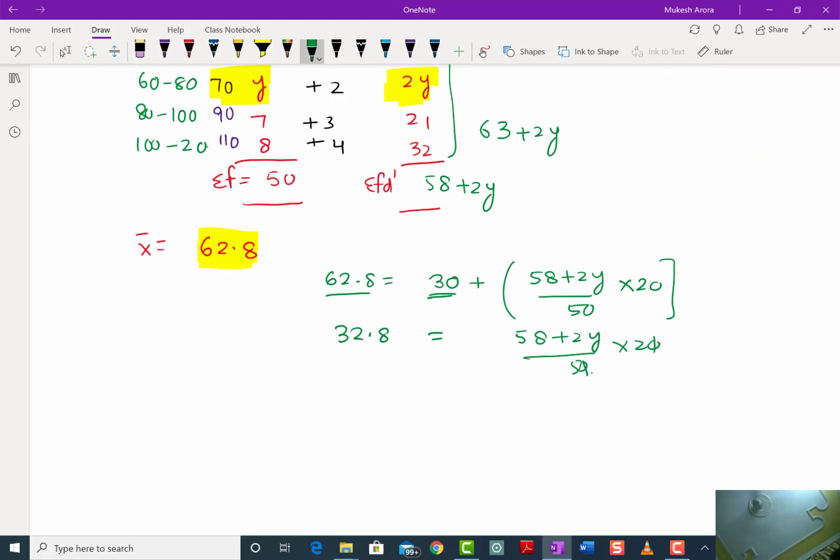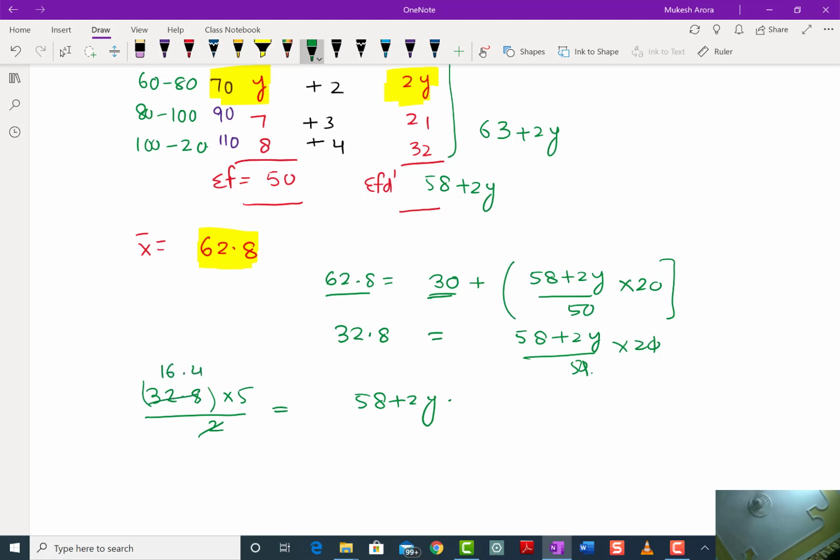So it will be 32.8 into 5 divided by 2 is equal to 58 plus 2y. So it is cancelled. This will be 16.4.